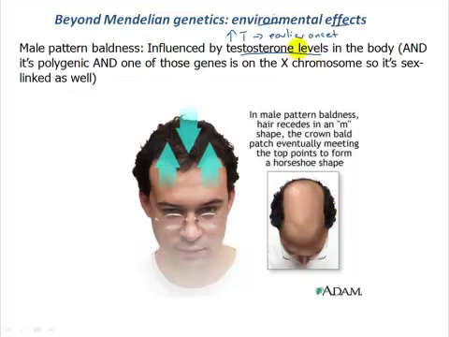And we know very little about how that's controlled, but we know that it's absolutely true. And so the phenotypic expression of this trait is actually a combination of both genetics and environment that these cells are experiencing with regard to their testosterone exposure.